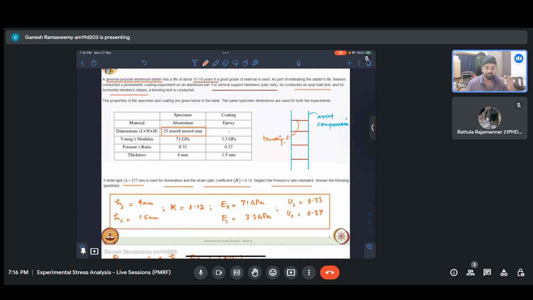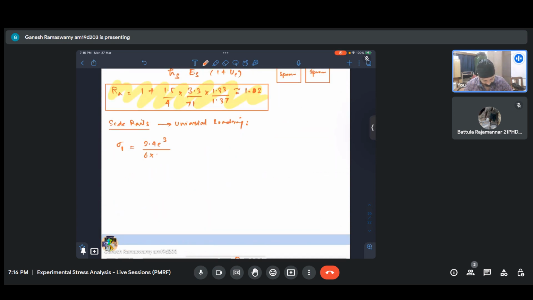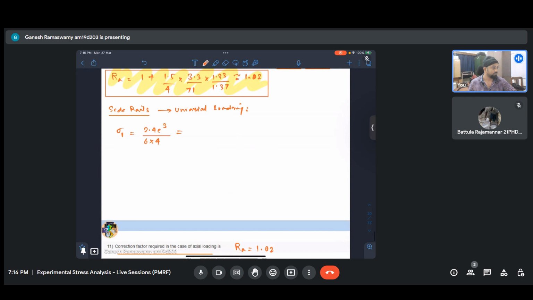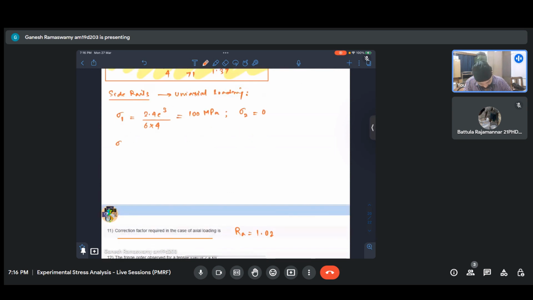So 6 into 4 in mm. This comes out to be 2.4E3 upon 24, 2.4 kilonewton upon 4 into 6, which is 100 MPa. Sigma 2 is 0 since we are applying only tension. So sigma 1 minus sigma 2 is NF.